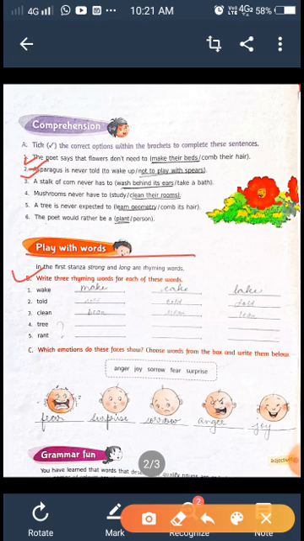Number B. Write the rhyming word for each of these words. These are the rhyming words and you have to find them. Okay. Wake, W-A-K-E. Make, cake, lake, L-A-K-E. The sound of A-K-E. Then number 2.